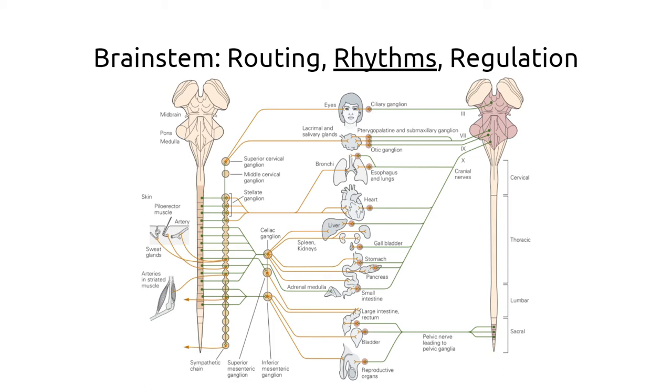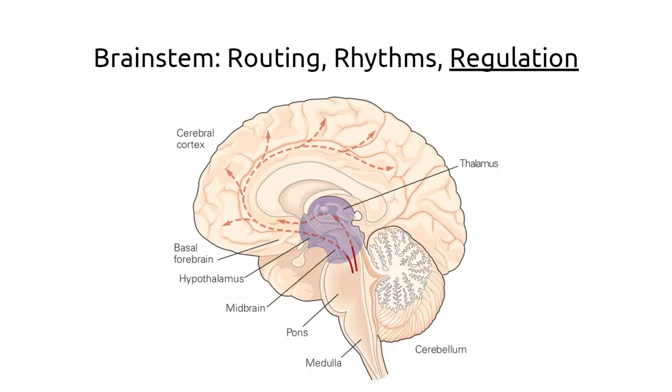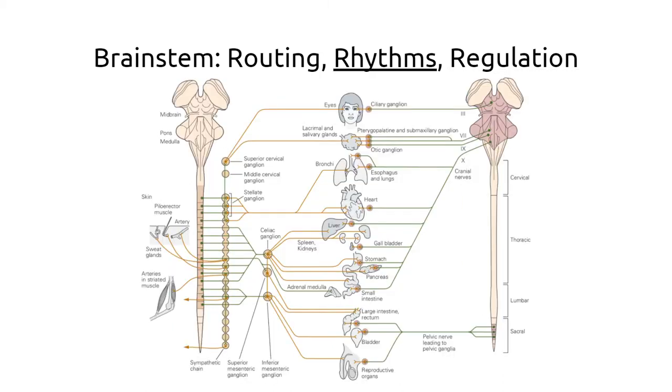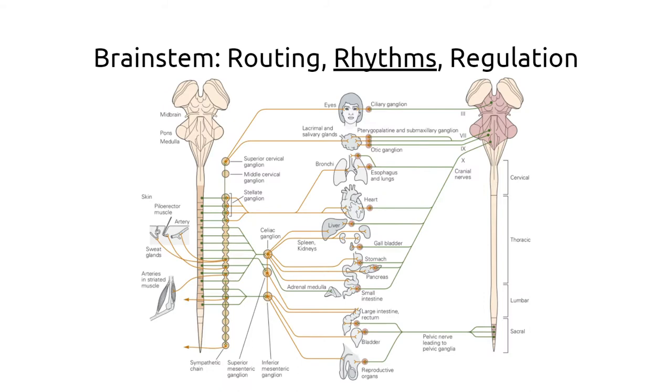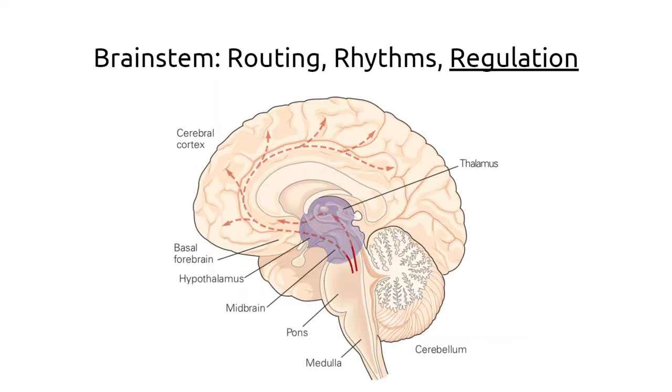All right. So what are those next things going to be doing? As I was saying, one thing the brainstem is doing is just routing information to higher areas. Another thing it's doing is dealing with these regular rhythms that you don't really need to control much: heart rate, blood pressure, and whatnot. It's also going to do a little bit of really coarse-grained regulation.